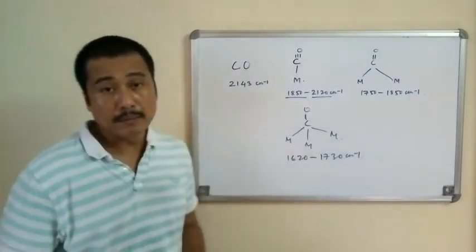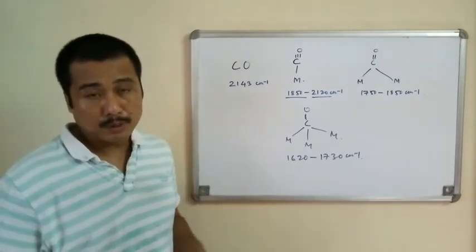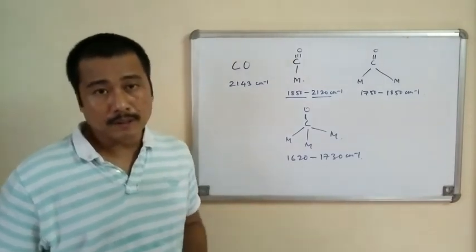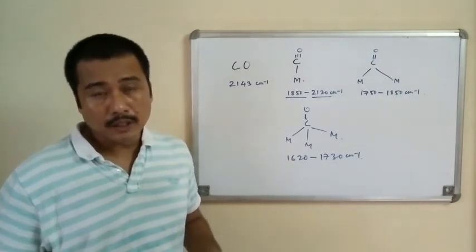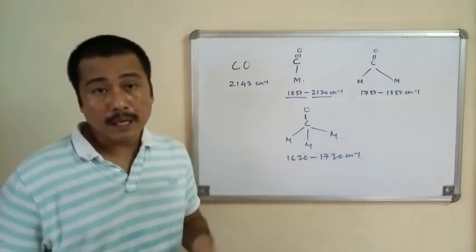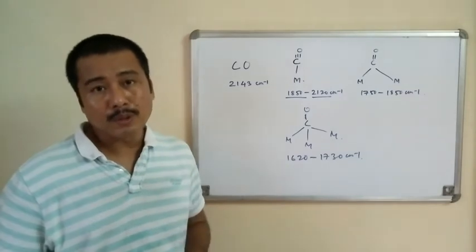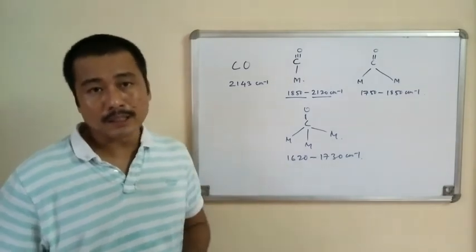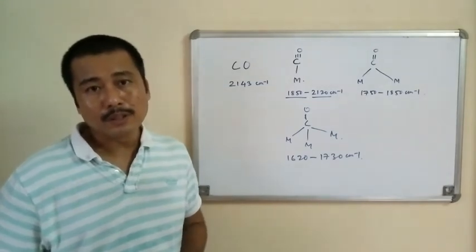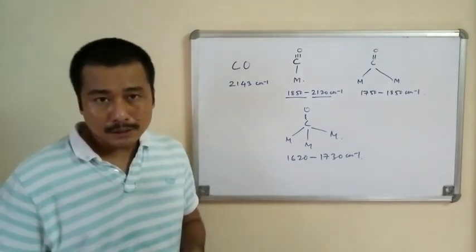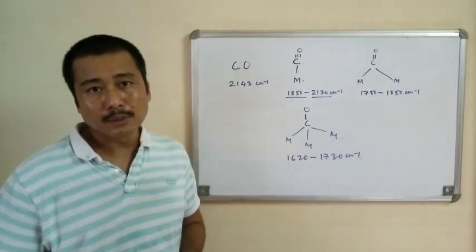In the semi-bridging binding mode of carbon monoxide, where carbon monoxide is considered to be a 6 electron donor, when it uses the pi bonding molecular orbitals to coordinate with metal centers, the CO stretching vibration appears at even lower wave number, as there is an even larger decrease in the CO bond order.